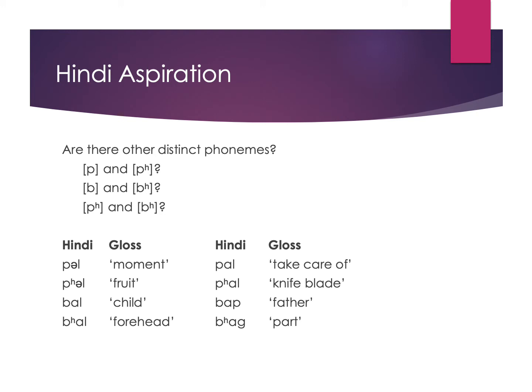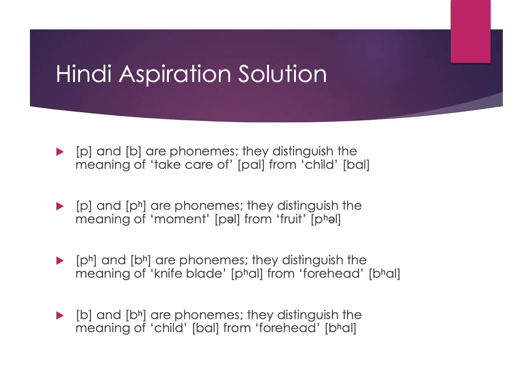Between B and aspirated B, we have bal, child, and bahal, forehead. And then the two aspirated ones we can find also between bahal, forehead, and pal, knife blade. So we have separate phonemes for each of these pairs, meaning that all four of these sounds are distinct. They are all separate phonemes in Hindi.